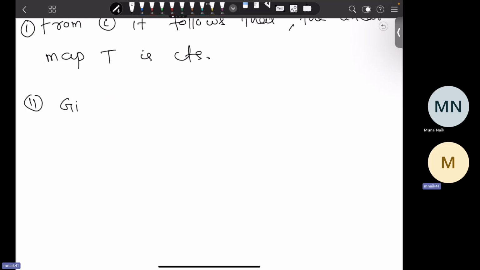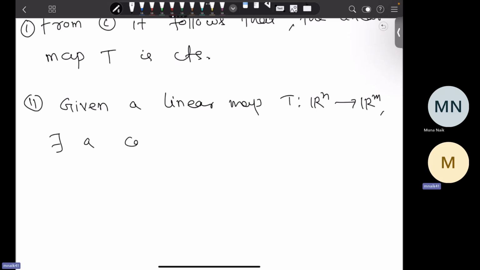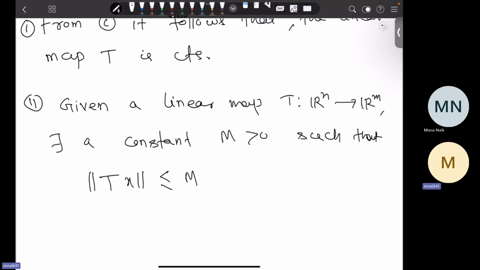Second, given a linear map T from Rn to Rm, there exists a finite constant m greater than 0 so that the norm of Tx is less than or equal to m times the norm of x for all x belonging to Rn. Call this star.